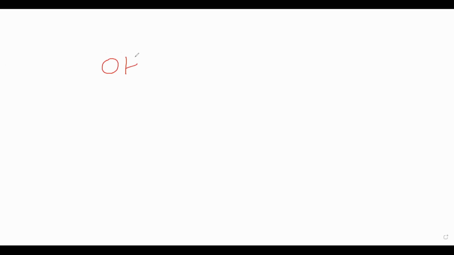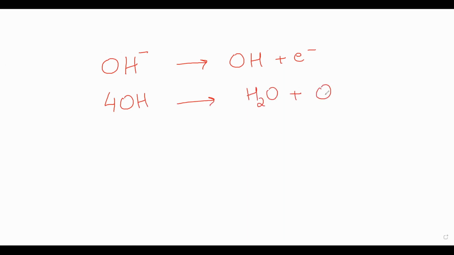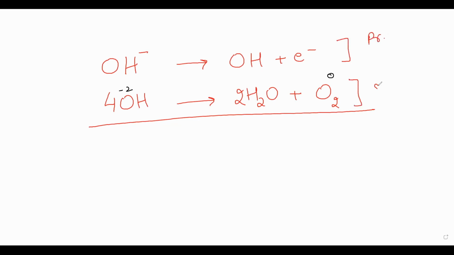Oxidation of OH negative ion: OH negative ion loses an electron, and then 4OH forms water and oxygen, where the oxidation state -2 is changing to 0. To balance, this is 2 water. If I have to find the overall equation, this is called the primary change and this is called the secondary change.